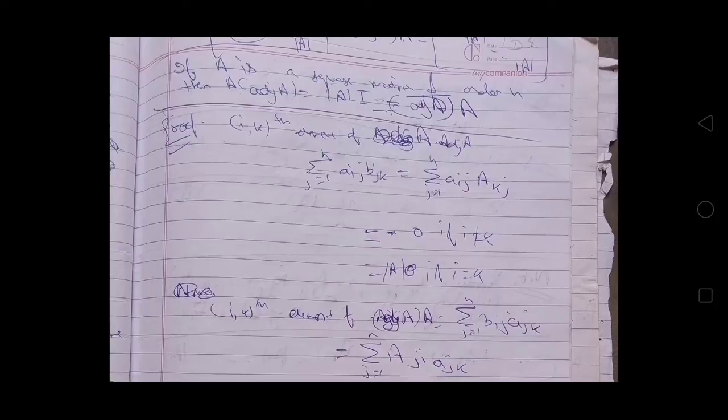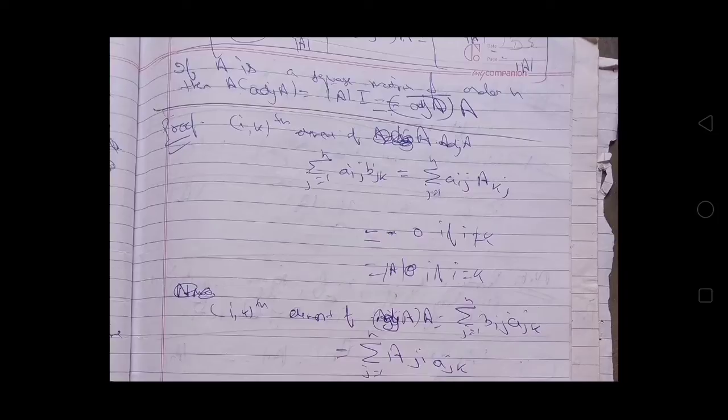Now the proof says the ik-th element of A into adjoint A will be equal to the summation over j from 1 to n of Aij into Bjk. This will be equal to the summation over j from 1 to n of Aij into Ckj.